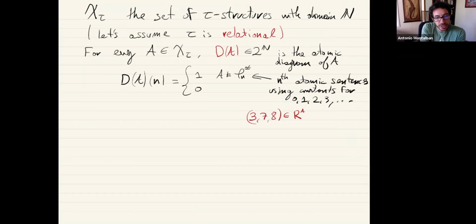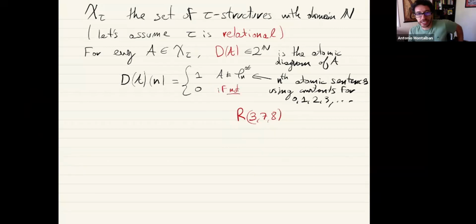In this particular presentation, the tuple 3, 7, 8 might belong to the relation or not. So this is an atomic formula, whether something belongs to a relation or not. You will write it as R of this, and 0 if not.